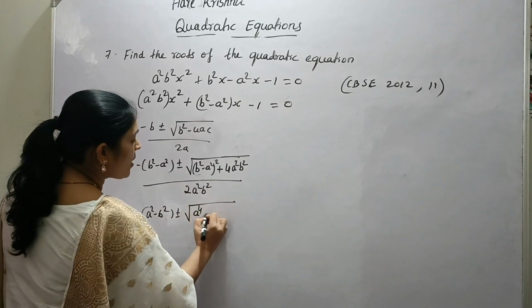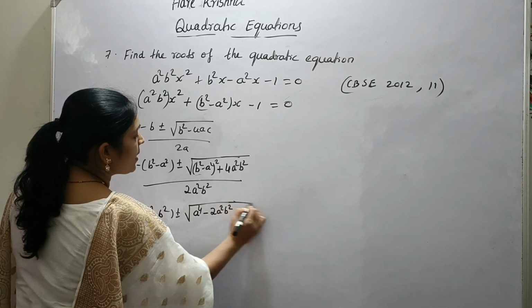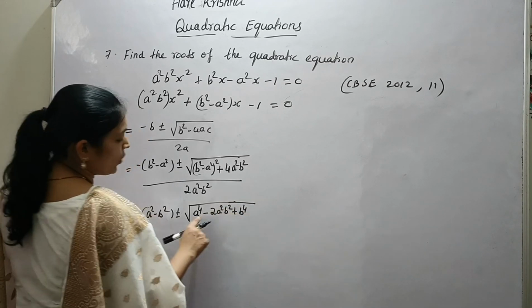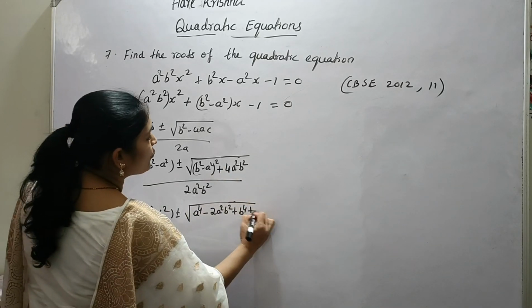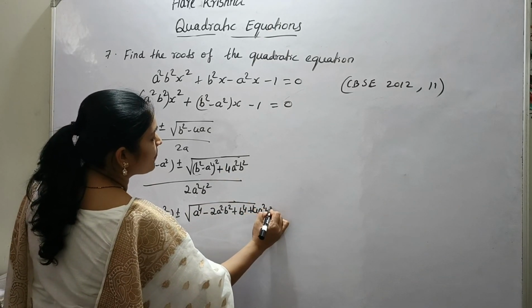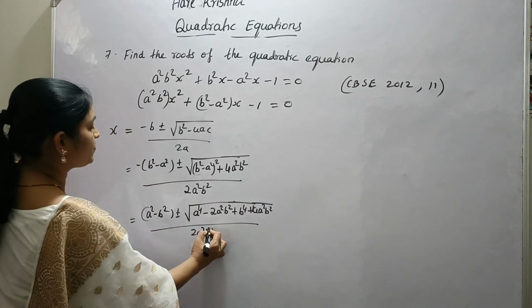a raised to 4 minus 2a square b square plus b raised to 4, okay? a square minus 2ab plus b square, right? Plus 4a square b square, divided by 2a square b square.